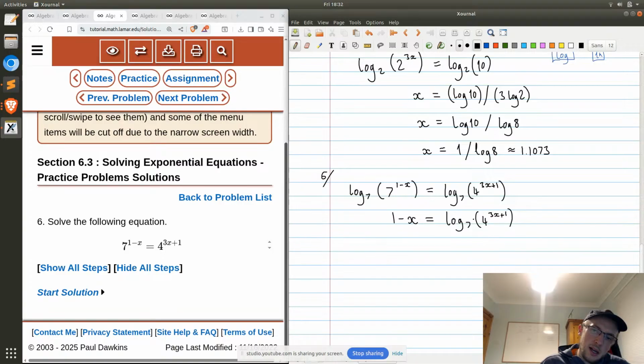And then I notice that I have a power of 4 inside the brackets, right? Well, I can move that power out to the front. So 1 take x is equal to 3x add 1 times log base 7 of 4.